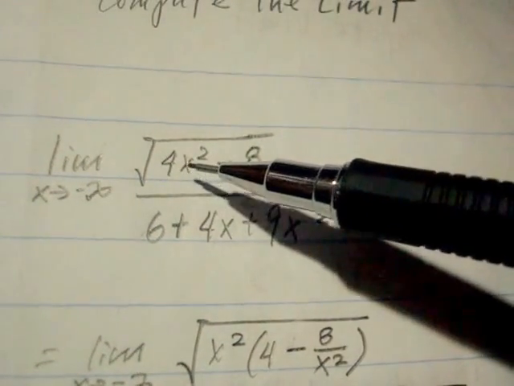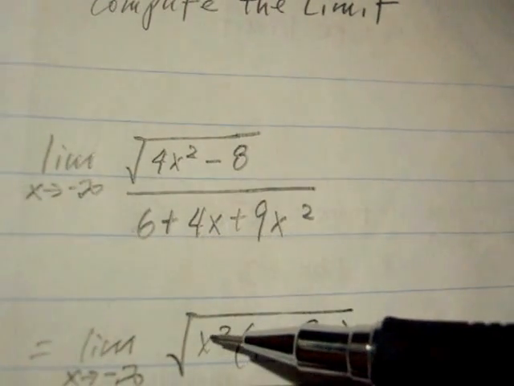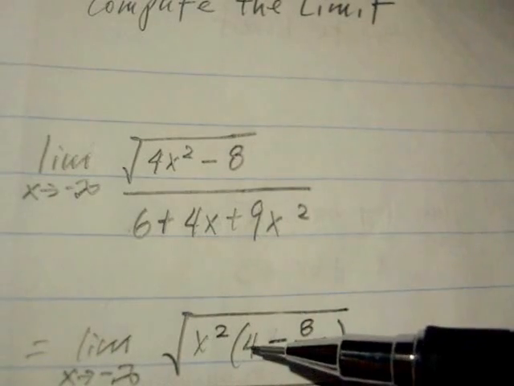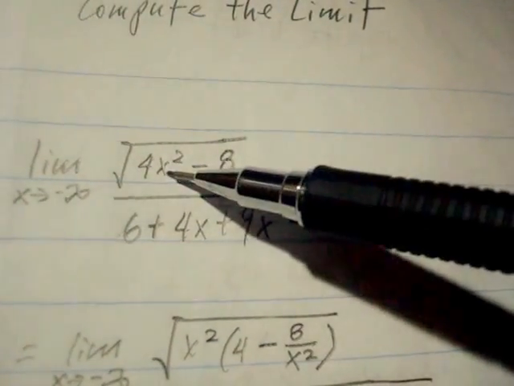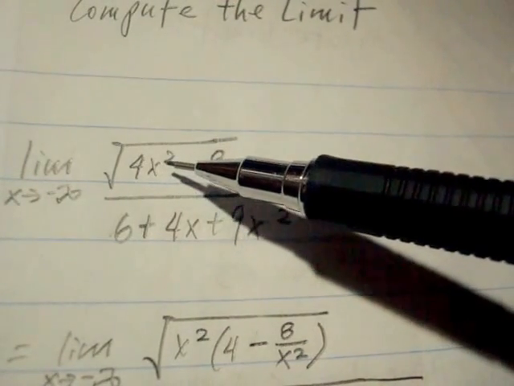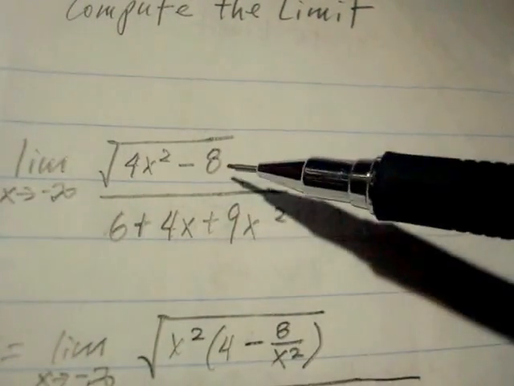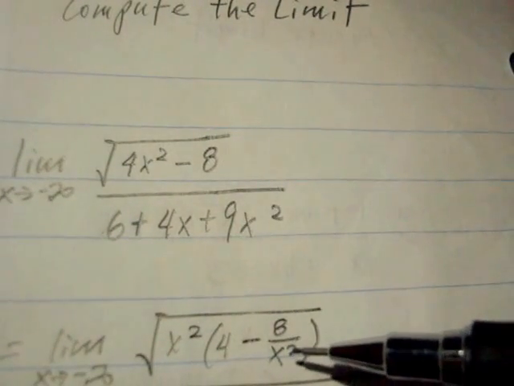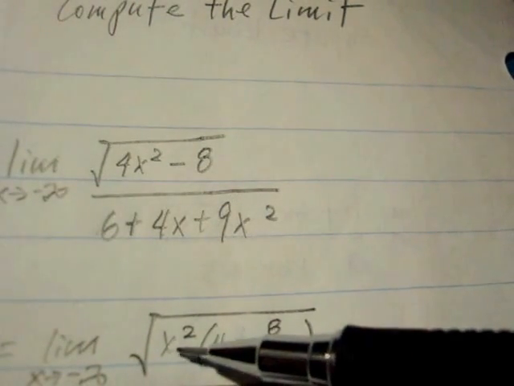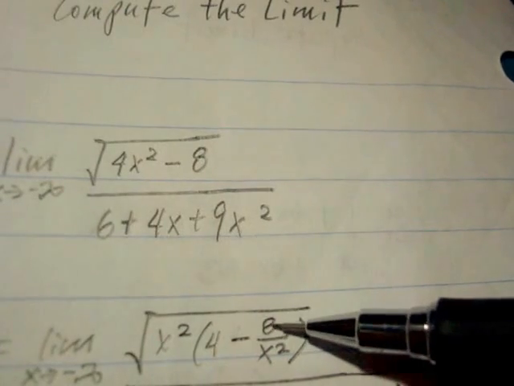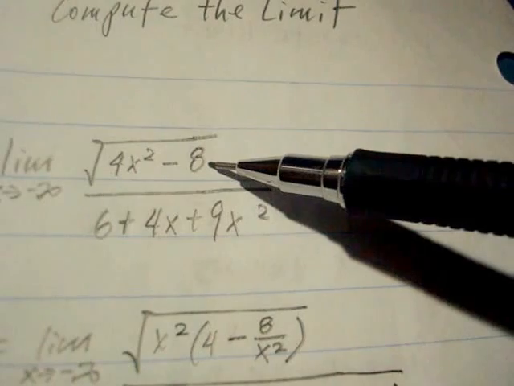To isolate the numerator's leading term, which is the highest degree, you write out the x squared times 4, because x squared times 4 is the same thing as the given 4x squared. Minus stays the same, 8 divided by x squared. X squared can cancel with this leading term of x squared, and you're left with the negative 8, which is the same thing as the given negative 8.